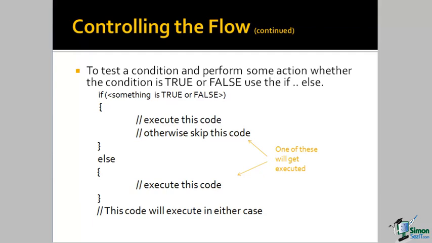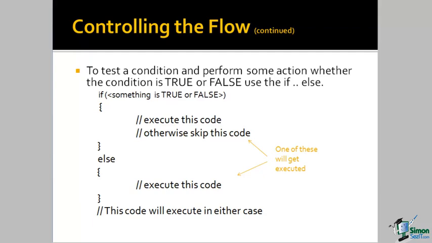And notice again the braces that are marking these blocks of code that will get executed based on the condition. So if something is true, and again we could negate that, so if something is false, whatever the condition is, if that condition is met, then the code within the if braces will execute.